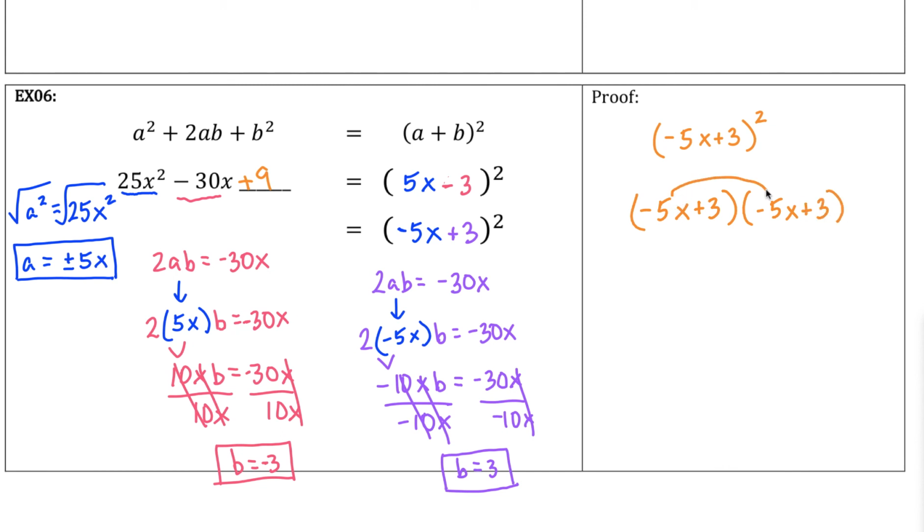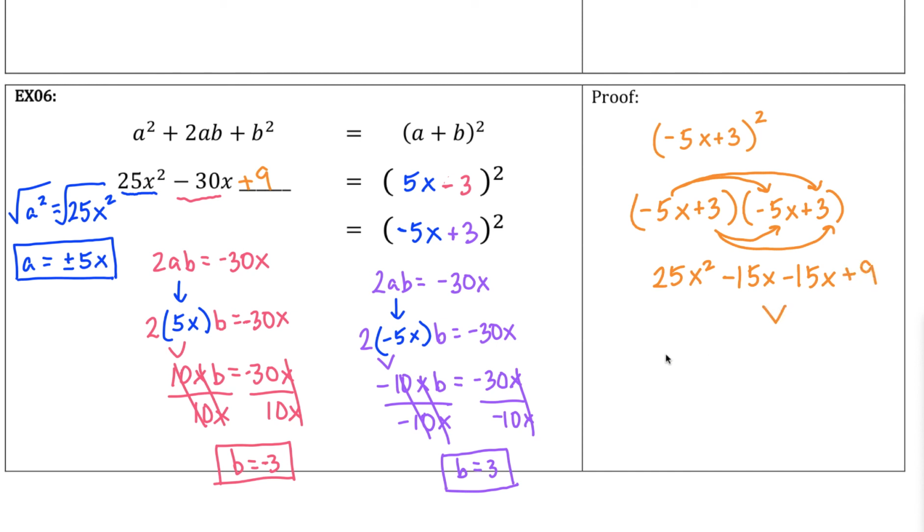So negative 5x times negative 5x is positive 25x squared. Negative 5x times positive 3 is negative 15x. Positive 3 times negative 5x is negative 15x. Positive 3 times positive 3 is positive 9.